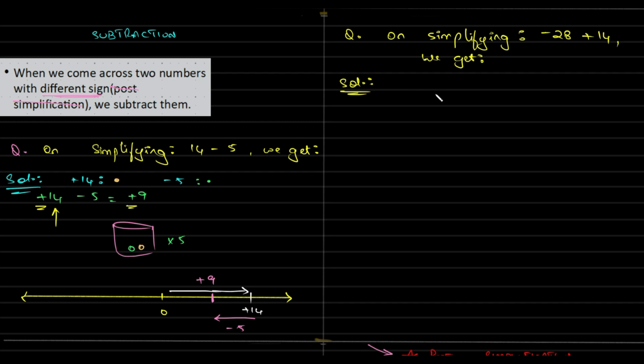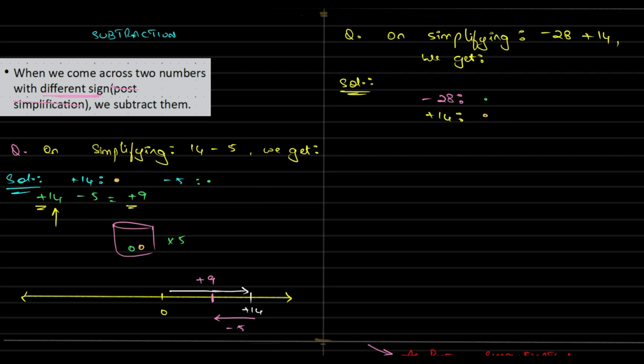Okay, so let's start off with talking about minus 28. This indicates what kind of edible or fruit we are talking about? Guava, right? So 28 guavas. Then 14 what? Coconut, right?